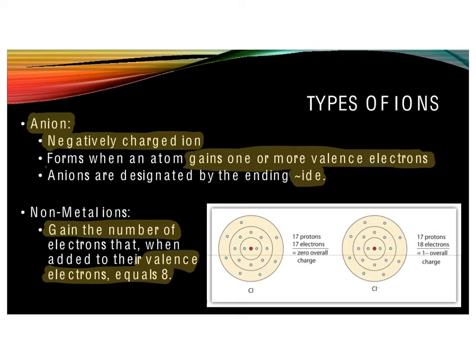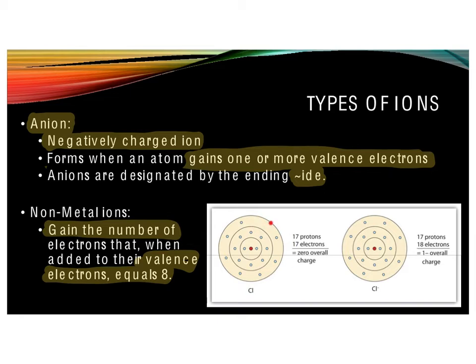And a little example I have here, we have chlorine. Chlorine has a nucleus. There's 17 protons in it because its atomic number is 17. We got 1, 2, 3, 4, 5, 6, 7, 8, 9, 10, 11, 12, 13, 14, 15, 16, 17 total electrons. No charge because they're the same.